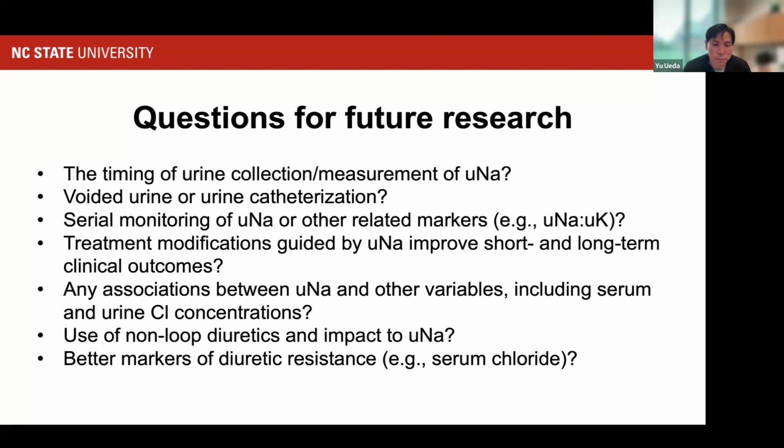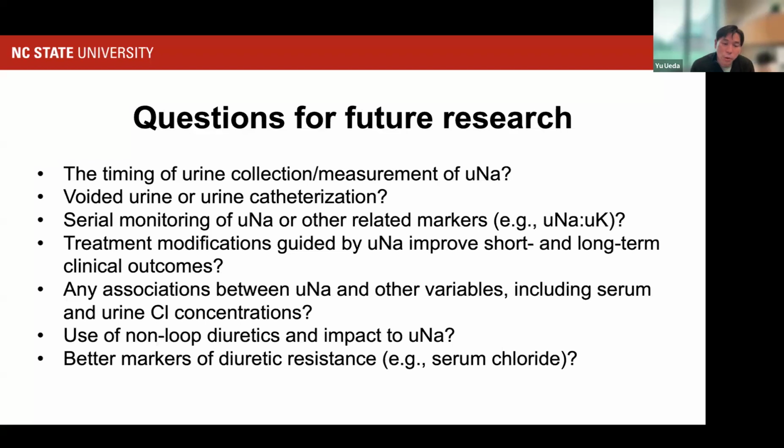Are there any associations between the urinary sodium concentration and other variables, including serum and urine chloride concentrations? And is there any impact of non-loop diuretics on urinary sodium concentrations? Thiazide, acetazolamide, do they affect these urinary sodium concentrations?